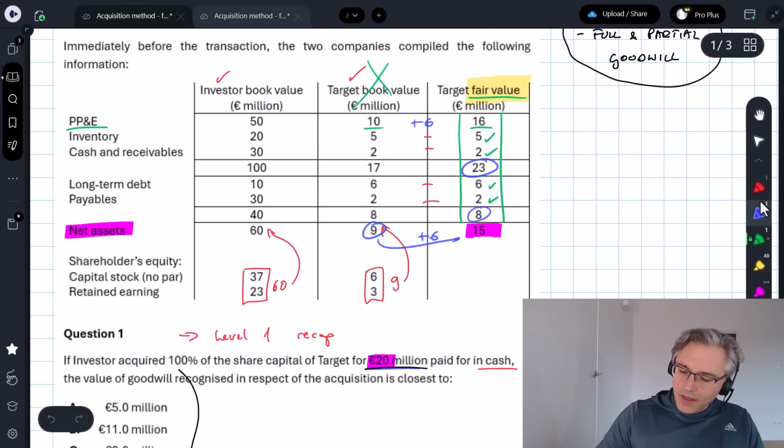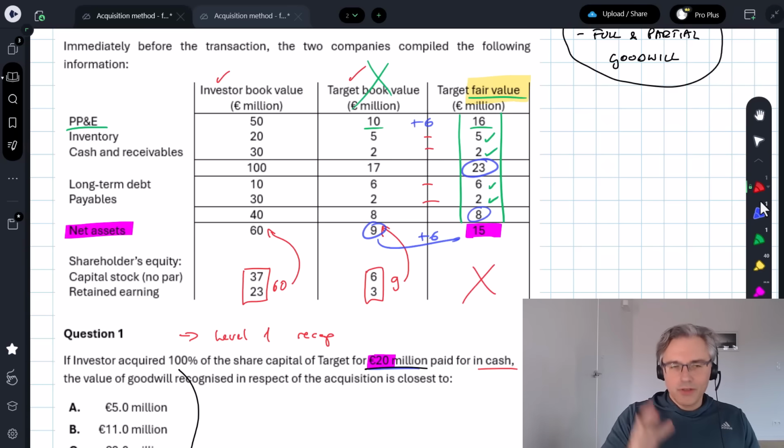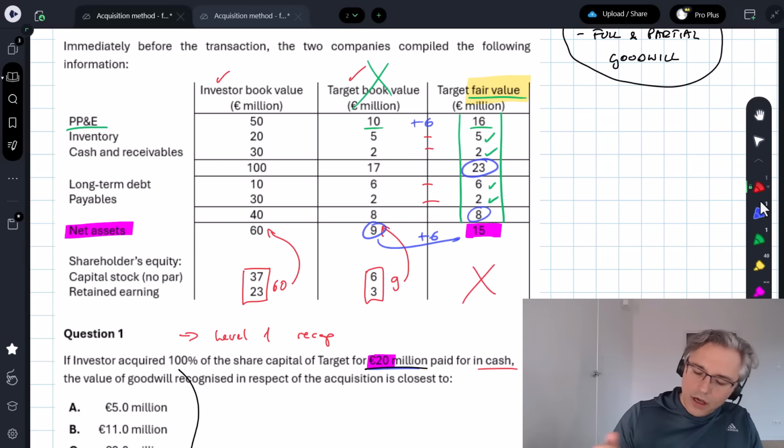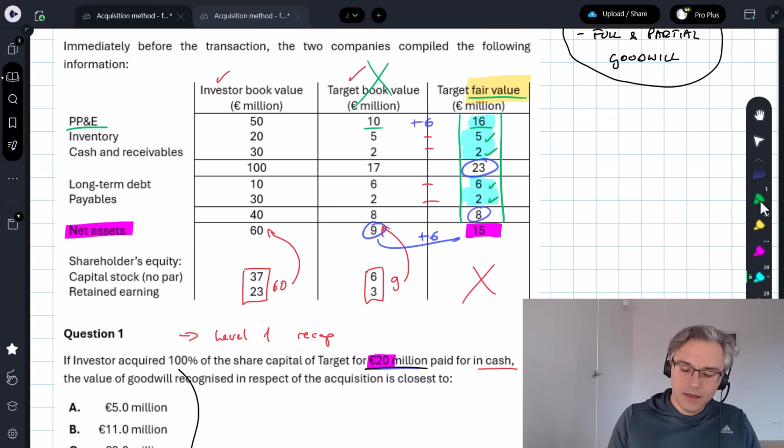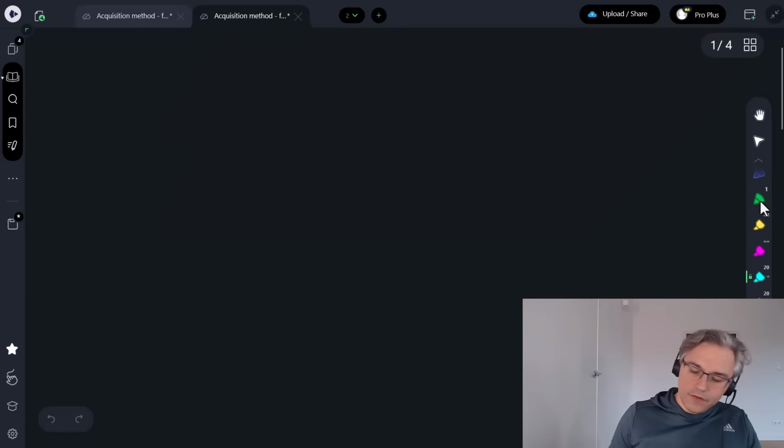So over here, that 6 and 3 become irrelevant. The 9 becomes irrelevant from the point of view of consolidation. And please note that I've got nothing here because it is indeed irrelevant. The only things that you consolidate on the date of the acquisition are these assets and these liabilities, and you leave it at that. So a net value of 15.